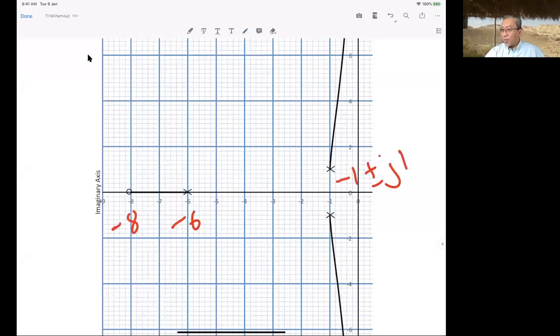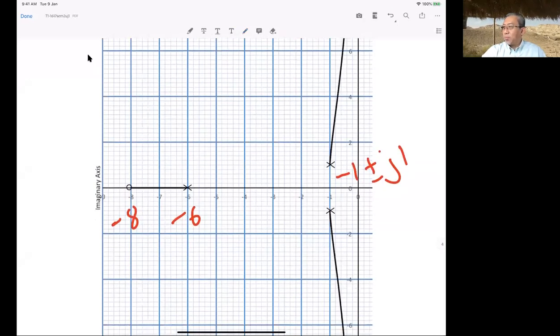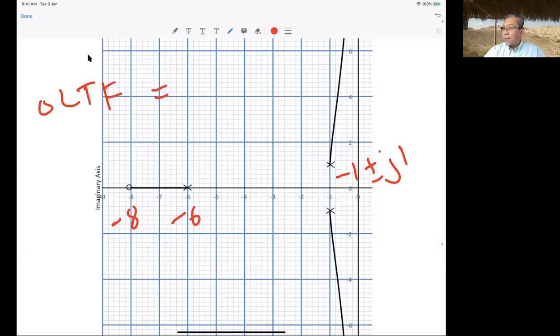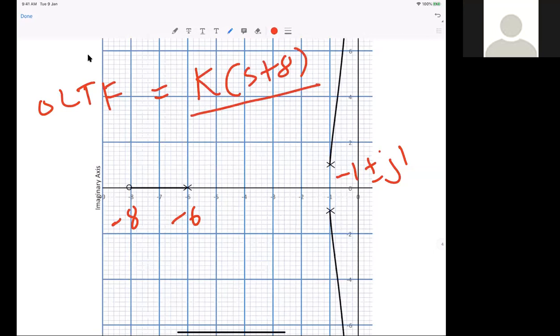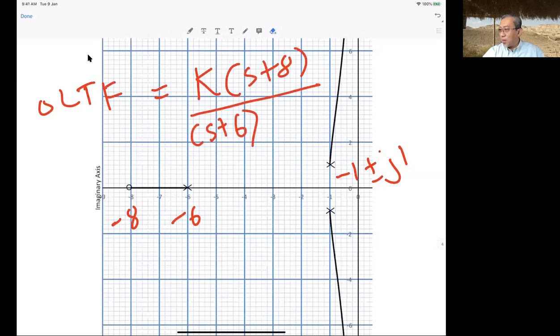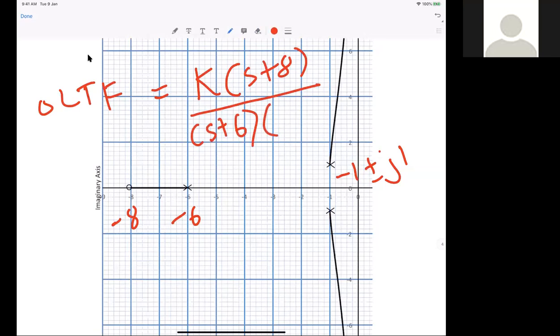Okay. So, open loop transfer function will become? K first, the gain. Then (s plus 8), the zero. Then (s plus 6), the pole. Then there are complex conjugate poles, (s plus 1) (s squared plus 2s plus 2).